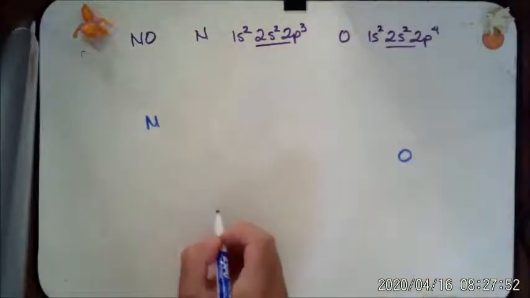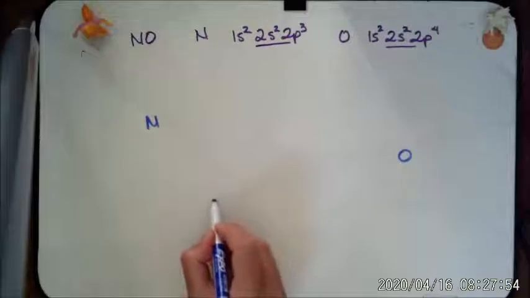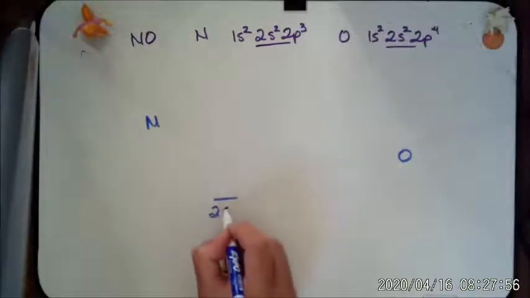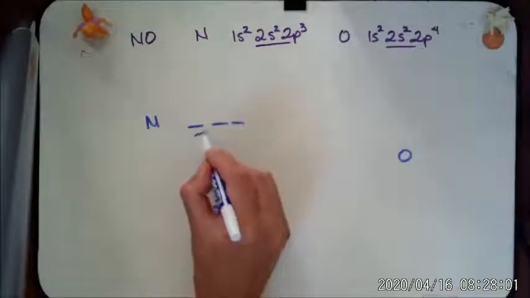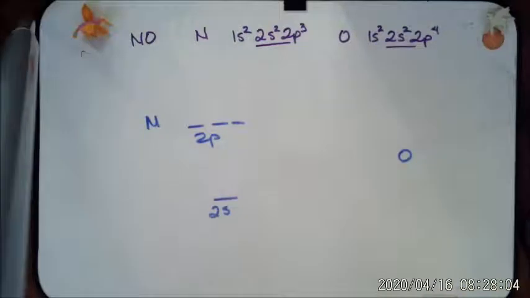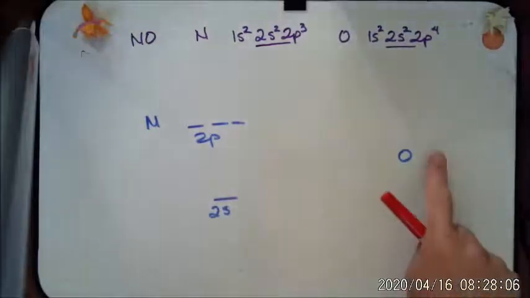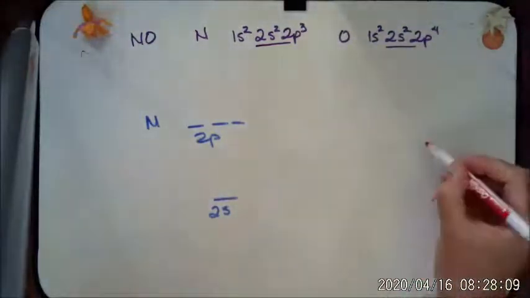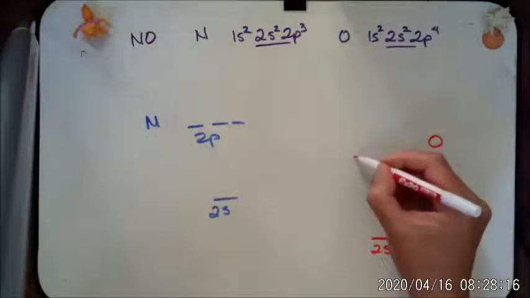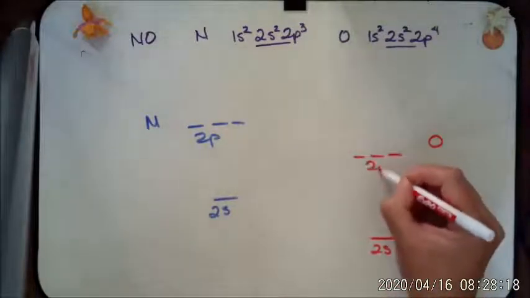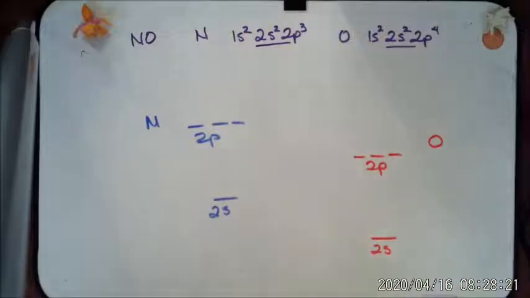So if I look at my 2s, and I look at my 2p, all right, if I look for oxygen, let me give myself space. Oxygen's a lower energy 2s, 2p. Okay?